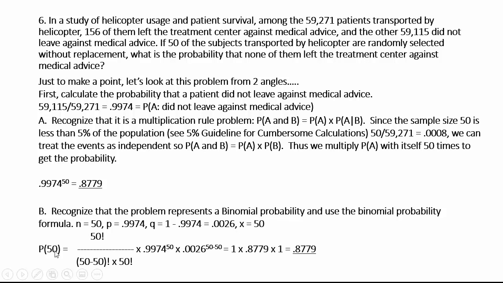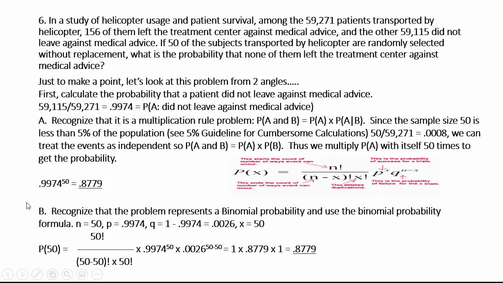So the probability of 50 in the binomial formula, which, by the way, if you forgot the binomial formula, there it is. So we're going to take 50 factorial. It helps to have that little factorial button on your calculator. It really helps you out. But this is really not that important given these problems. When we're figuring out these extremes especially, notice what happens.